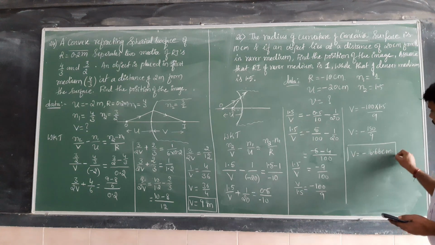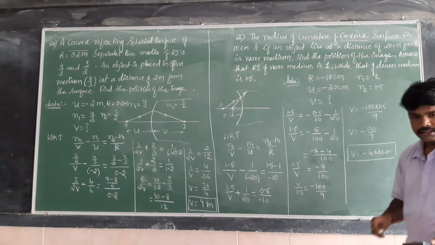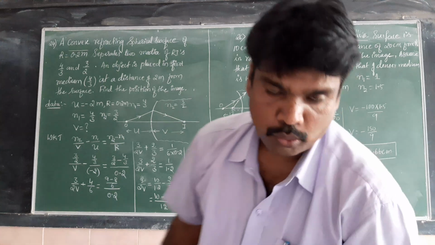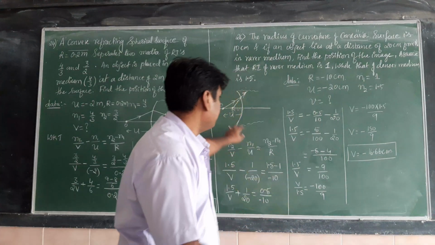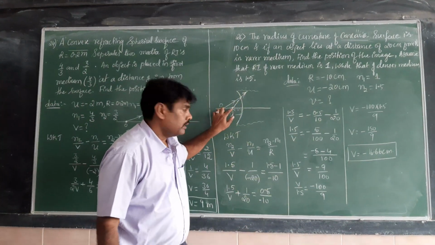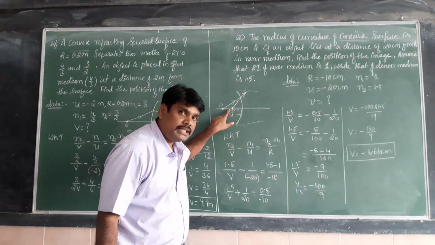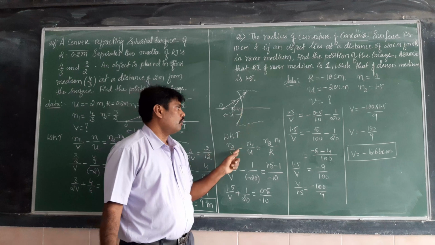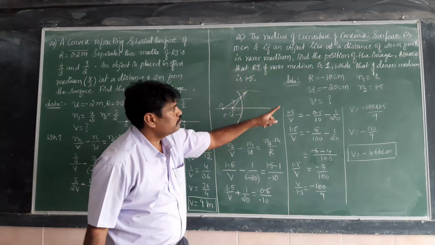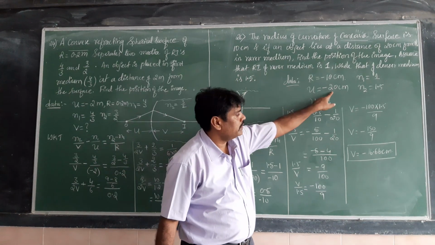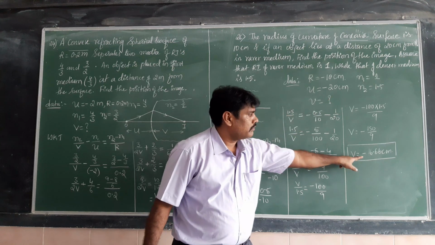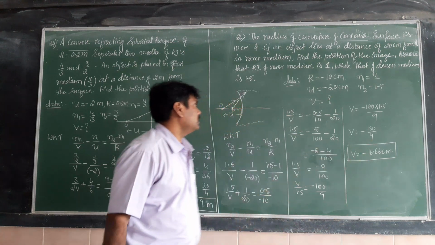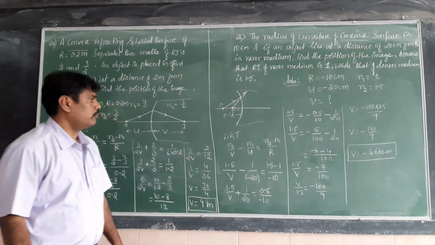This is the image distance where the virtual image is formed. See here, this is the point where the virtual image is formed when the object is placed at a distance of how much? What is the object distance they are given? Minus 20 centimeter. At a distance of minus 16.6 centimeter, an image is formed.